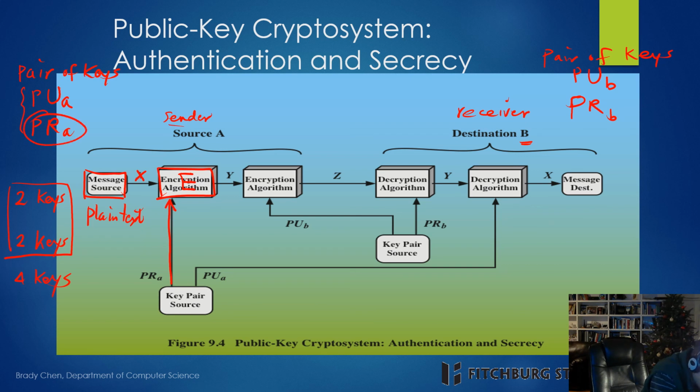So the sender mixes the private key with the plain text using the encryption algorithm. Using the math formula, the sender encrypts the plain text with the private key of the sender, and this is going to generate a ciphertext Y.